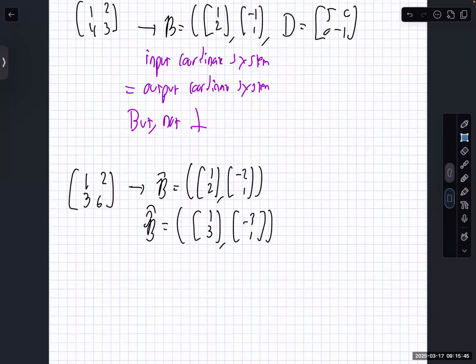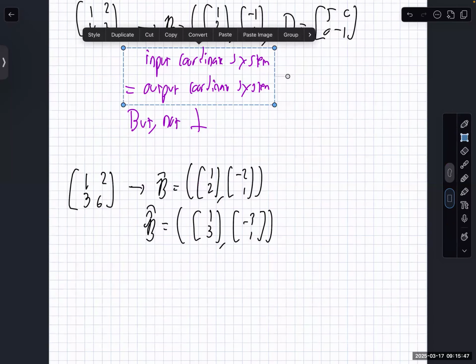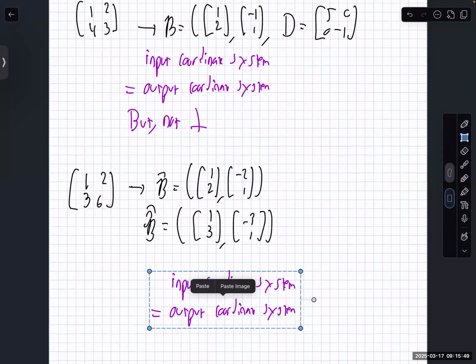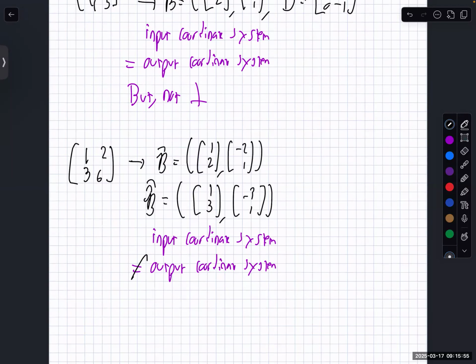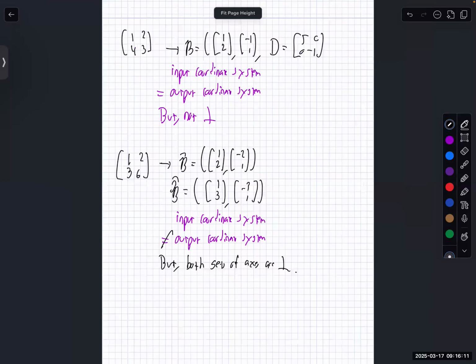Here, the input coordinate system is different than the output coordinate system, but both sets of axes are perpendicular.